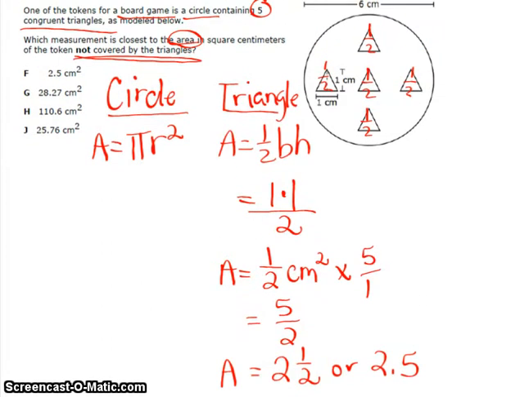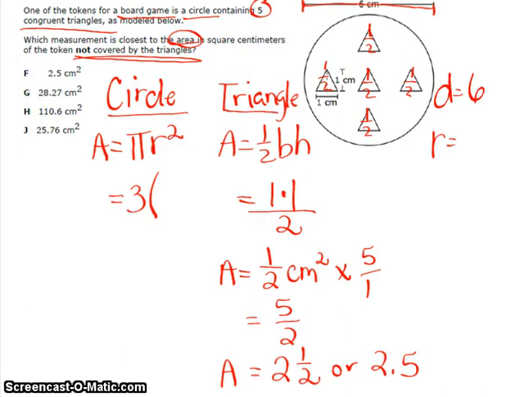Now, I need to use that information after I find the area of the circle. So I'm going to find the area of the circle. I'm going to use 3 for pi. But now I need to find radius squared. You have to make note of this line up here. It is showing you that from one side of the circle to the other side is 6 centimeters. That is your diameter.